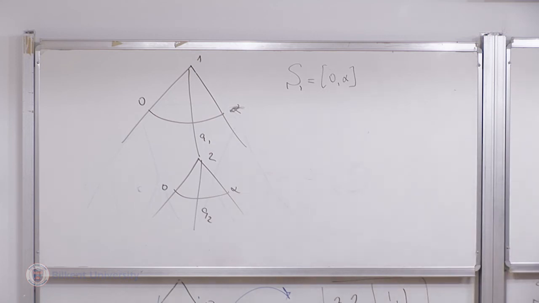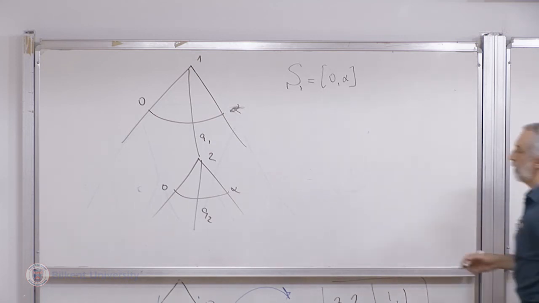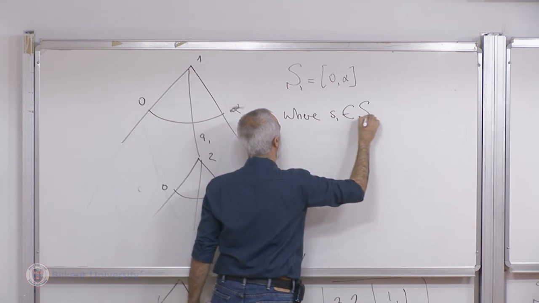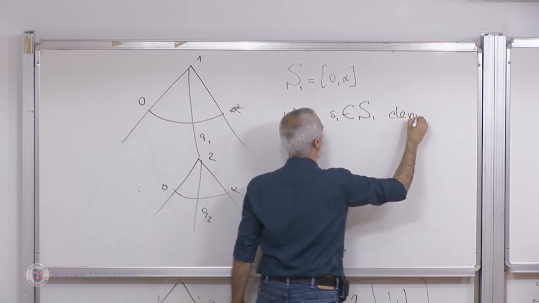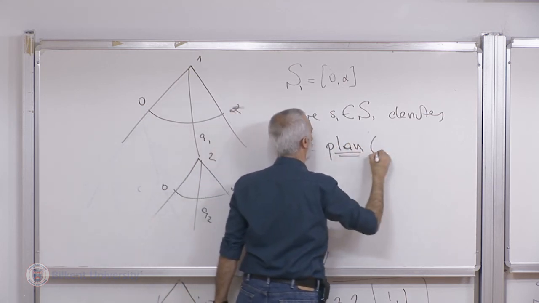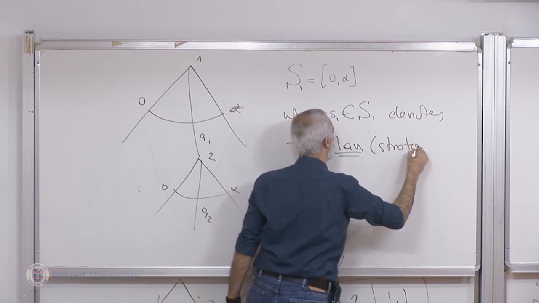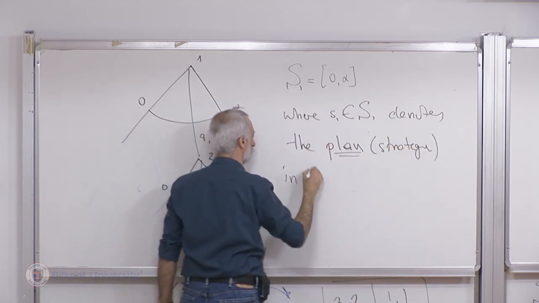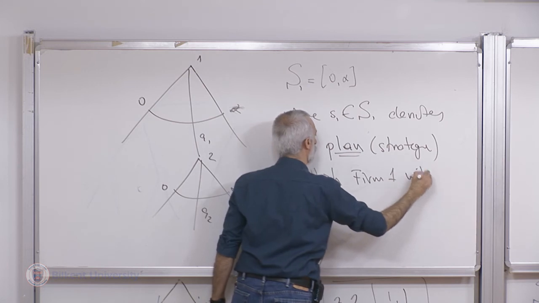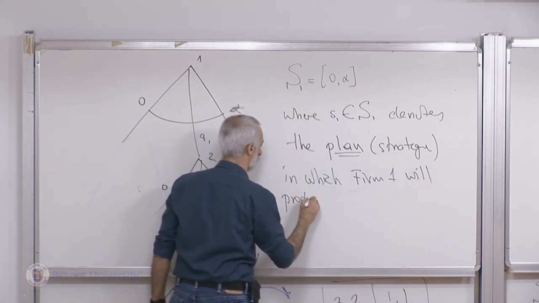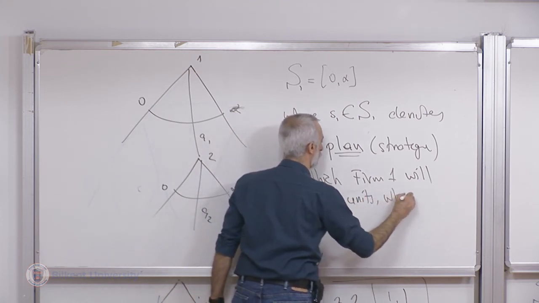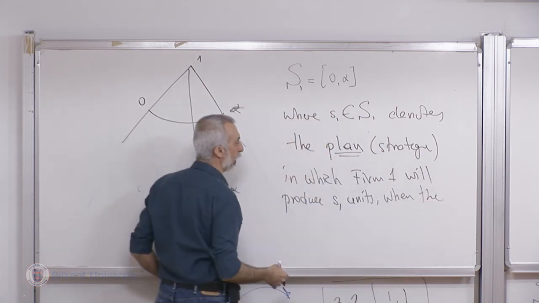Again, writing a description is always a good idea, where capital S1 denotes the plan in which firm 1 will produce S1 units when the game starts. The market opens when the game starts.